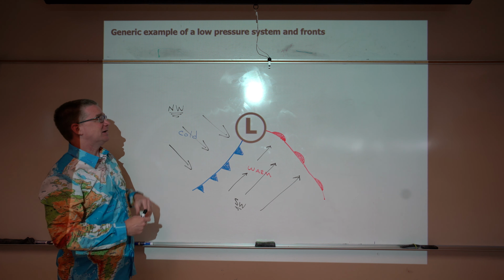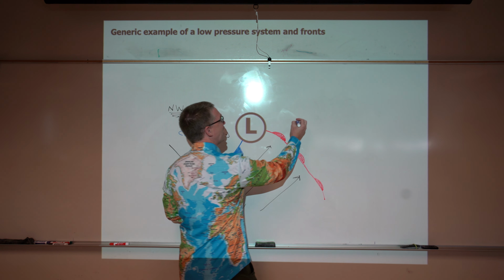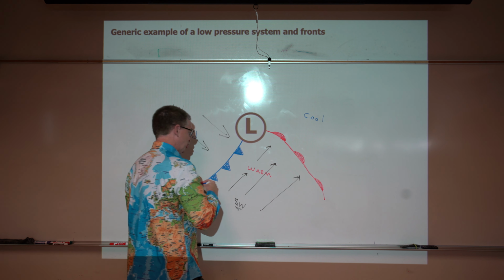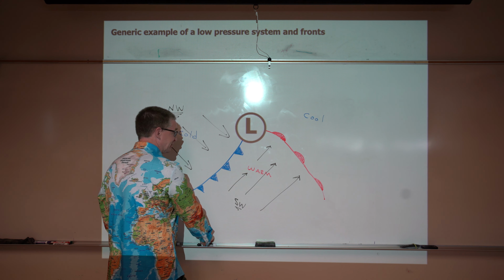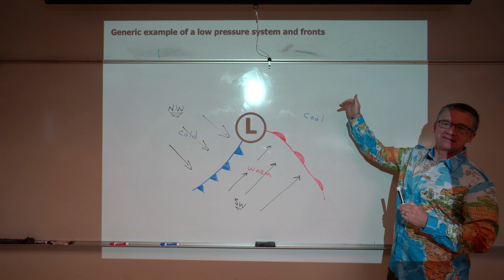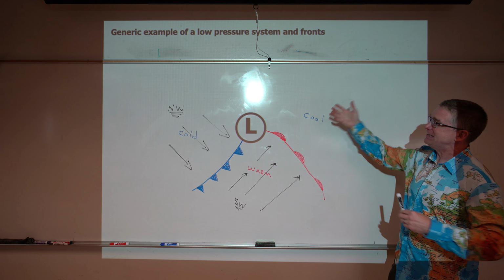Now, in front of our warm front, we're going to find the air generally cooler than the warm air here. And again, the winds are generally going to come out of the east. They might be a little southeast, they might be a little northeast, just depends on the front, but generally kind of out from the east here.